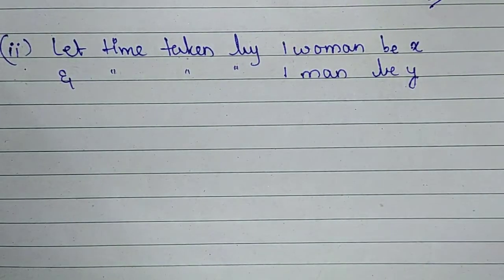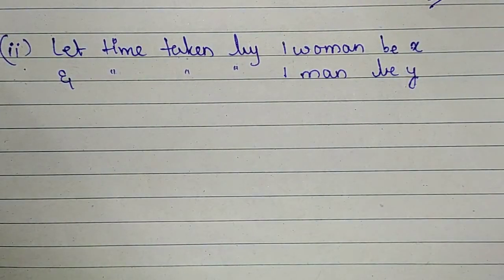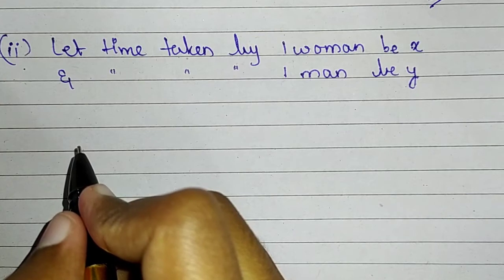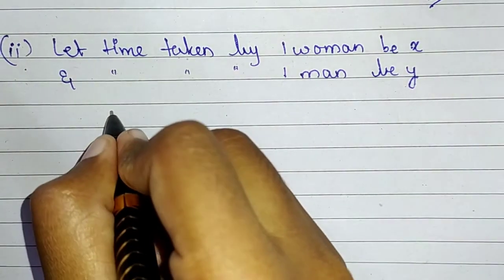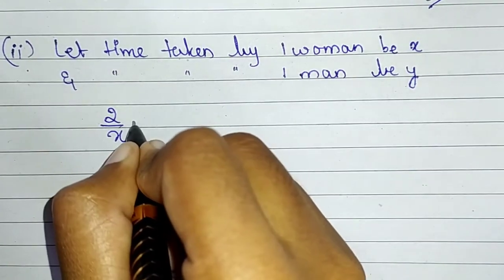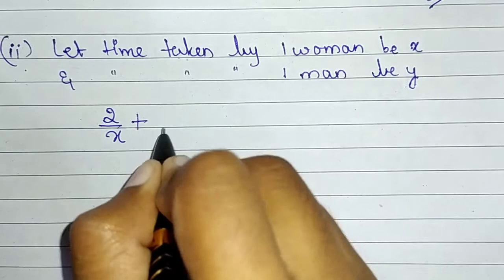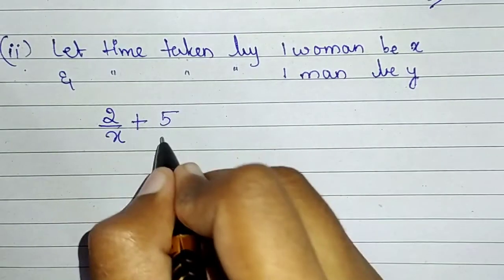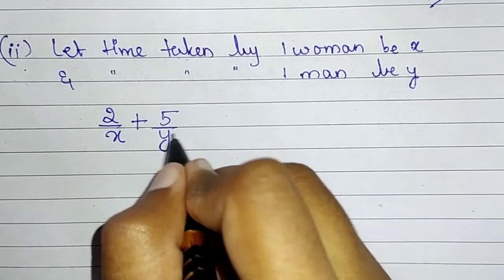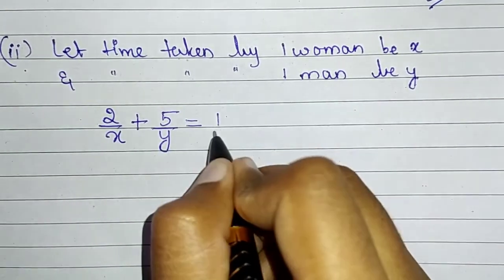Since we are talking about inverse proportionalities, we are going to write it as inverse fractions. Here in the first case, 2 women and 5 men finish a work in 4 days. So we can write 2 by X plus 5 by Y, because together they are doing the work, and they complete the work in 4 days.